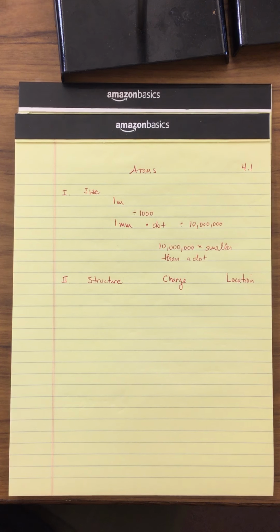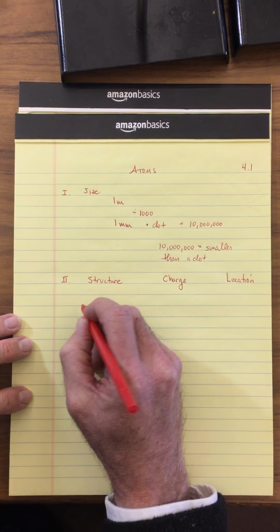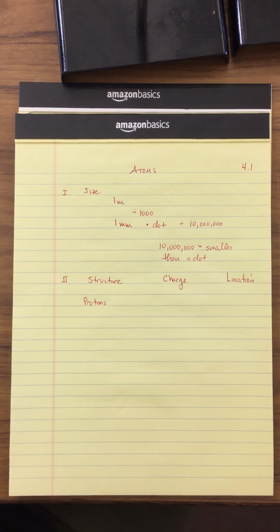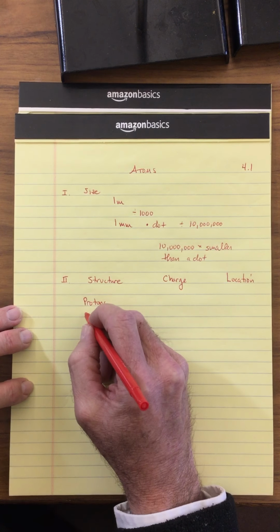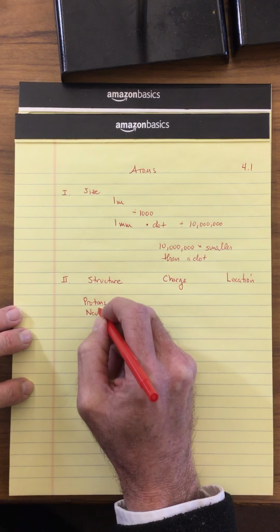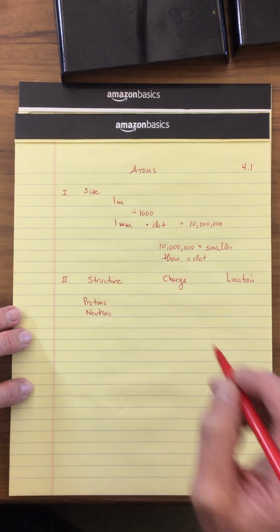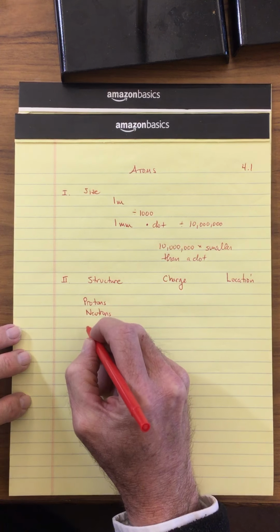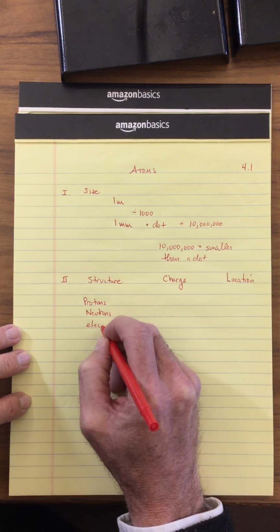So there's 3 parts to an atom. We have these particles that are called protons. And we'll draw this in a little bit. We also have these particles called neutrons. And we're going to be building an atom as part of our lab activity. And then you're also going to have these particles called electrons.